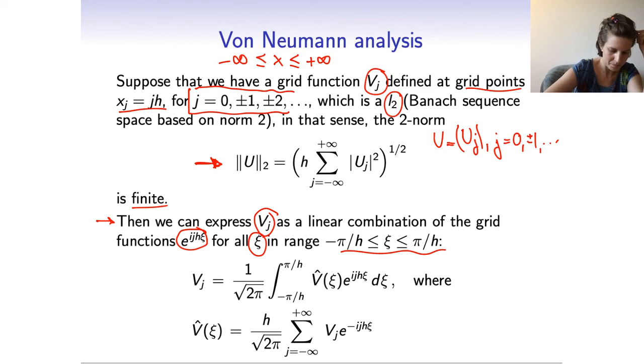So our Vj is given by this. This is just the discrete Fourier transform, okay?